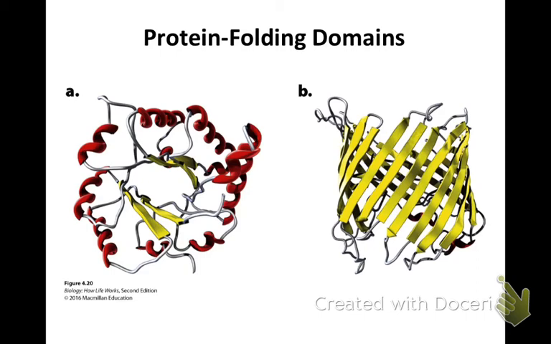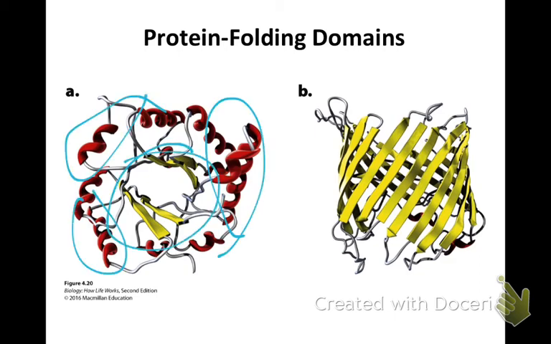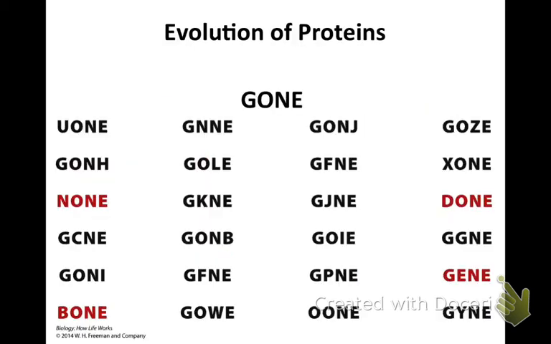As you can see here, I've got different colors associated with this. All of these alpha helices right here are one domain, and then my other stretches, either beta pleated sheets or just stretches of the amino acids, have a different function or are attached to something different, etc., etc. Okay, so that's all you really need to know about that.